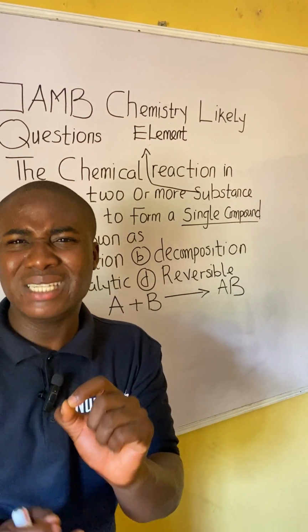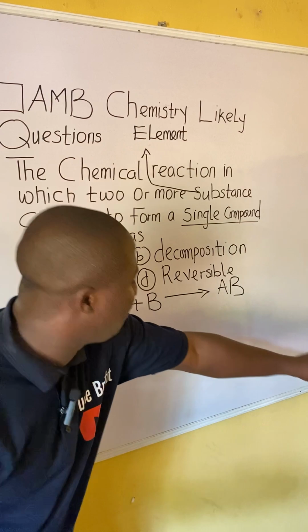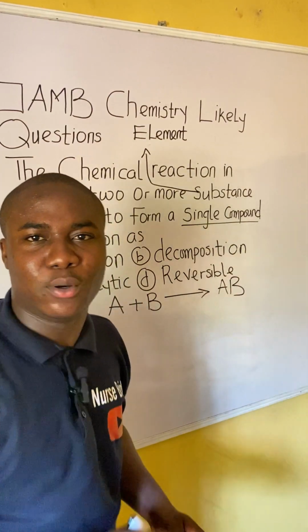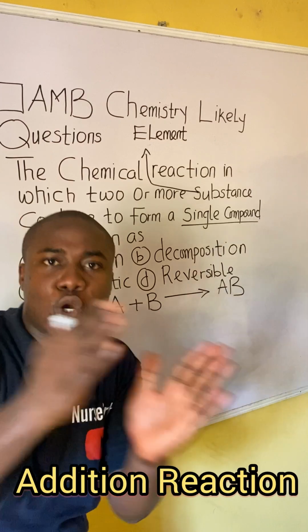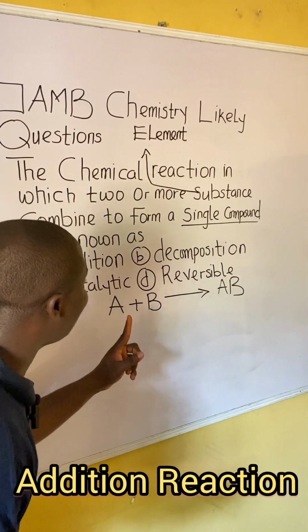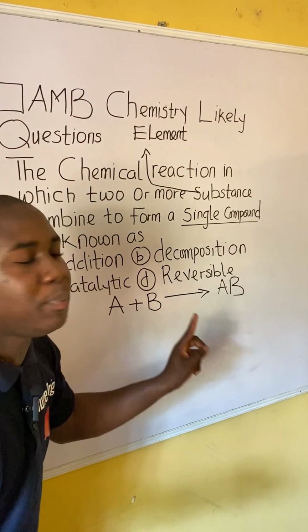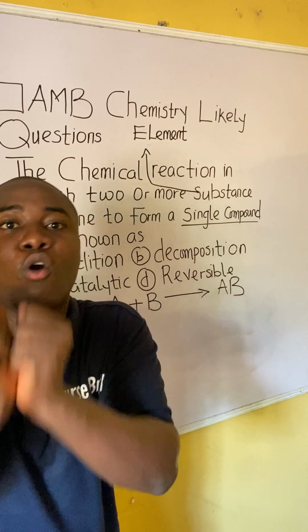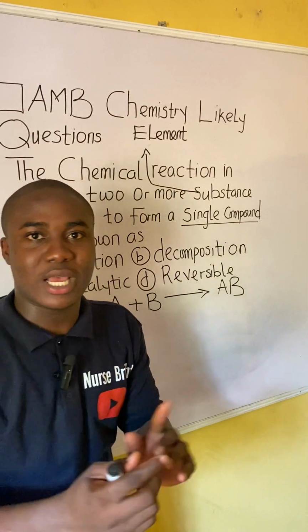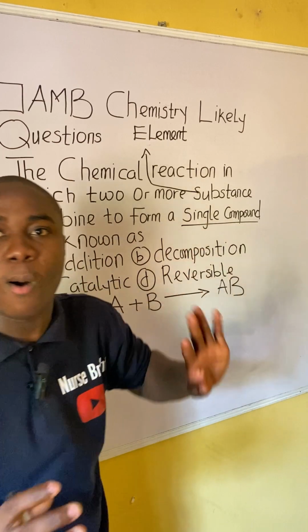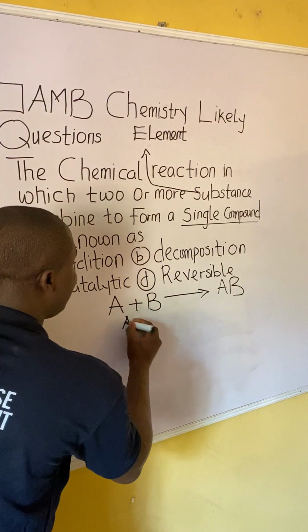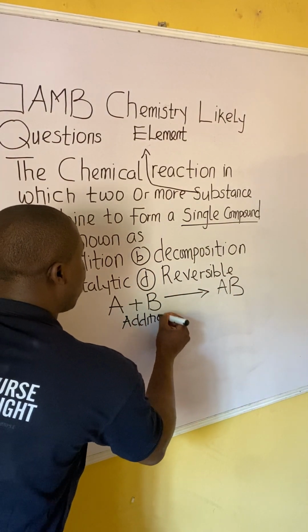Do you understand? So all this must be noted. So based on this reaction, what just happened? It is simple. It is a reaction called addition reaction. I added element A to element B and we formed a single compound. You can see that A and B were added to form AB, which is a single compound.